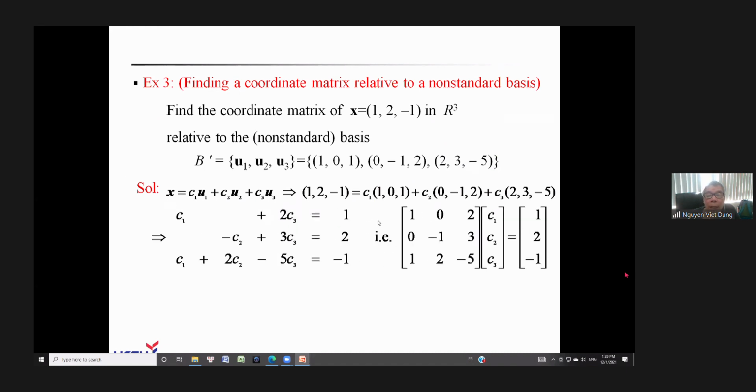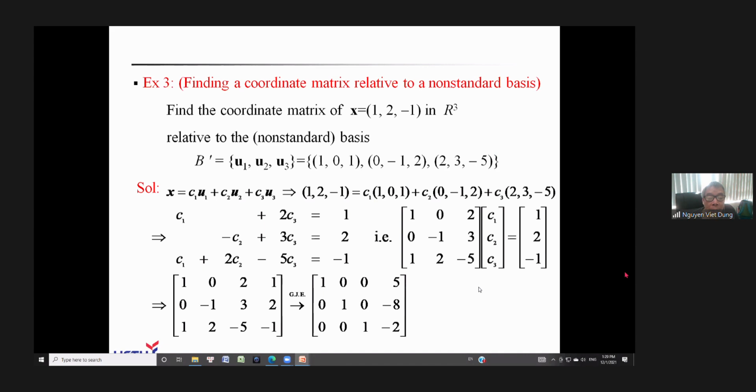Then, because of that, we get a system of linear equations like that one. It means that we take the coefficient matrix and multiply it by the column of unknown variables C1, C2, C3. We get that column. We can solve it by using Gauss-Jordan elimination.